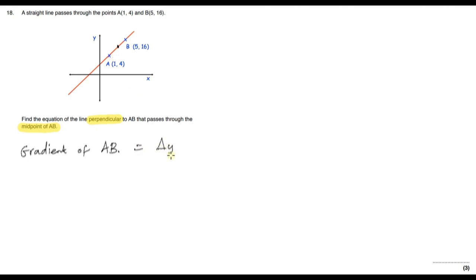So the change in y is going to be 16 minus 4, and the change in x is 5 minus 1. So 16 minus 4 is 12, and 5 minus 1 is 4. 12 divided by 4 is 3. So the gradient of AB is 3.